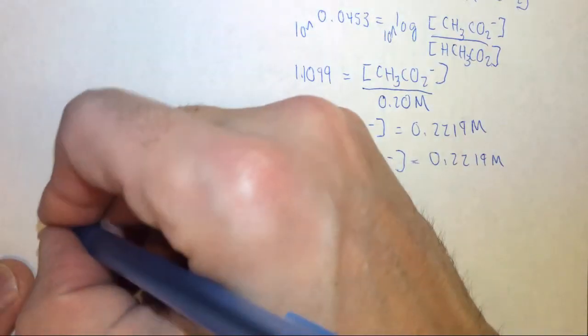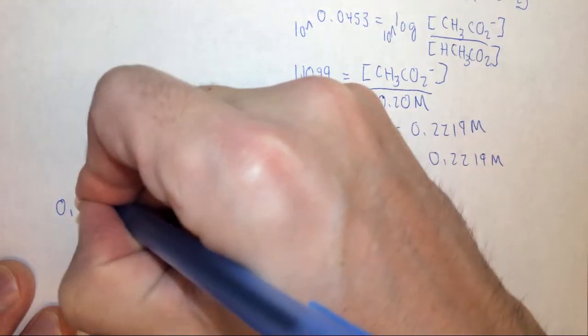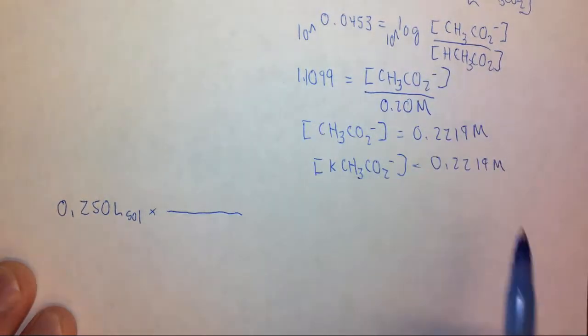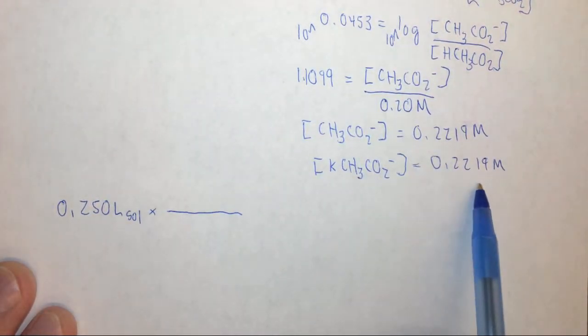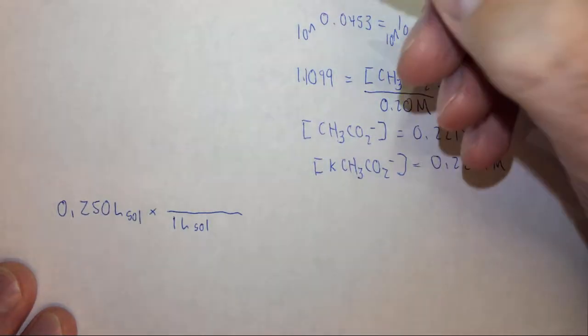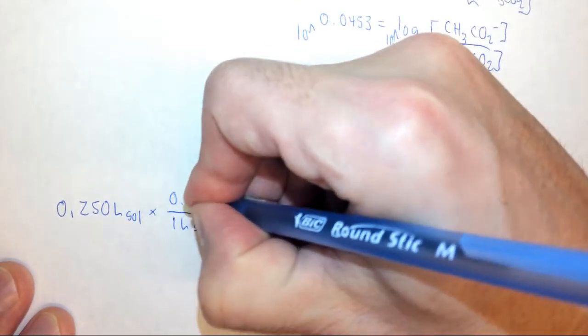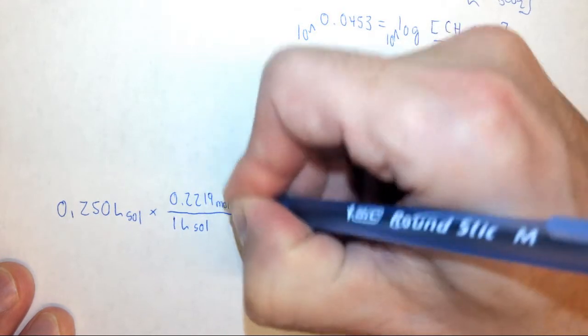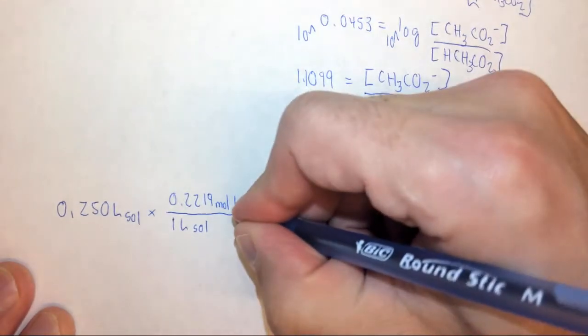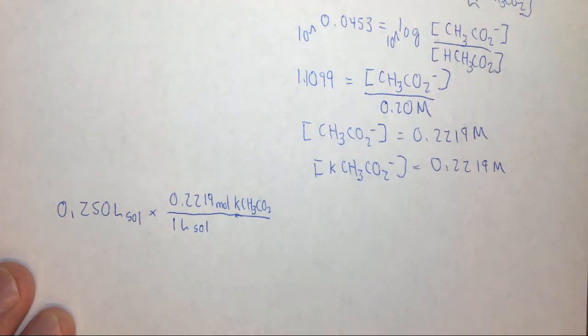So starting with 0.250 liters of solution times, we know the molarity of the solution we want to make. So for every 1 liter of solution, there are 0.2219 moles of KCH3CO2, potassium acetate. That shouldn't have a minus charge there. We made a mistake there.